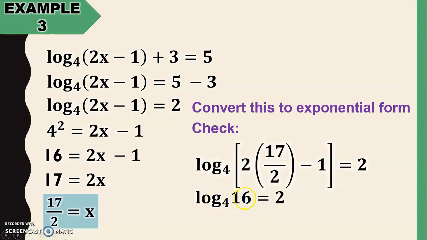So log of 16 to the base 4 equals 2. So this is true since 4 squared equals 16. So this is how to solve logarithmic equations. So to easily solve logarithmic equations, just rewrite it to exponential form, then solve.